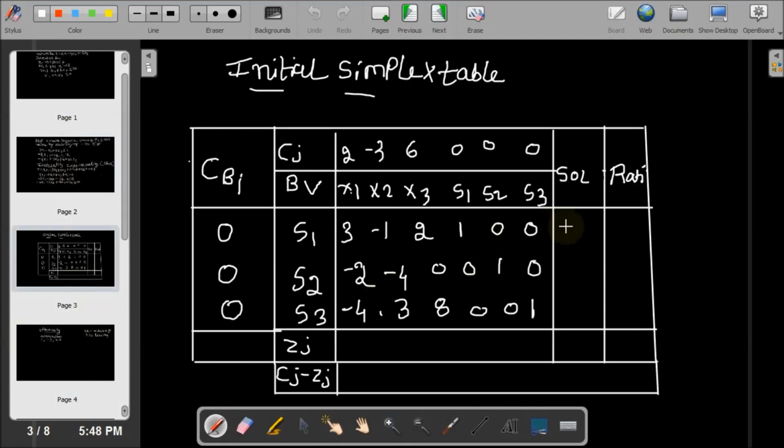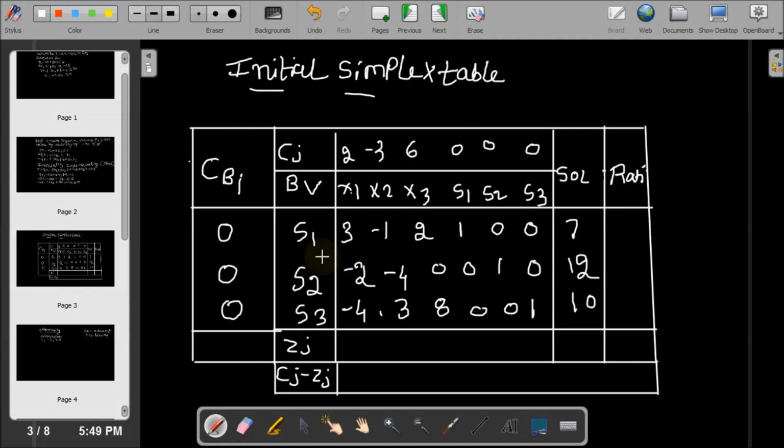So I have to write the constant values 7, 12, 10. So 7, 12, 10 is the solution value. Now I filled the inside values of the table also. Now what is the next step?